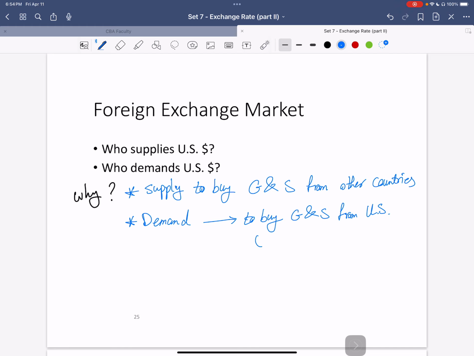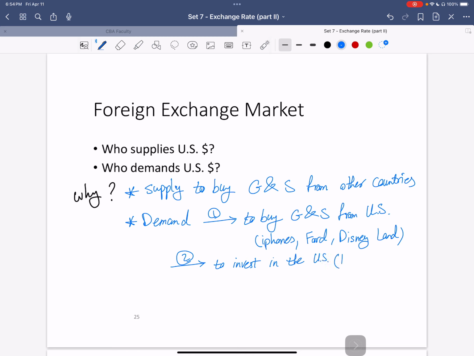Like people might want to buy iPhones, or they want to go to Disneyland. All of these require the payments in dollars. Second, they want to invest in the US.